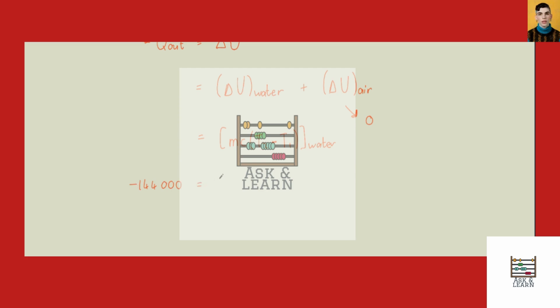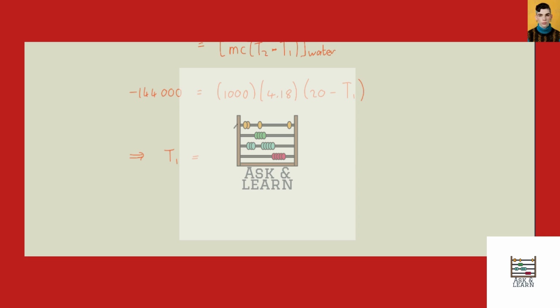So that's minus, and that's equal to the mass of water, 1,000 kilograms, times C, which is 4.18 in SI units, kilojoule per kg degree Celsius, times the change in temperature of 20 degrees Celsius minus the initial temperature T1. And so we can rearrange this equation and find this initial temperature T1, which is the temperature of the water when it is first brought into the room, to be 54.5 degrees Celsius.